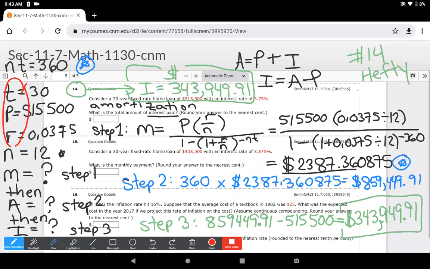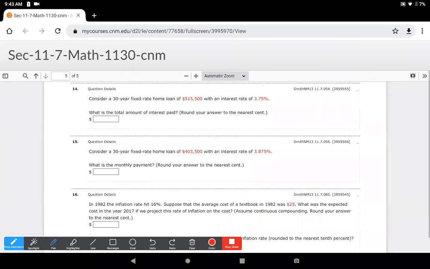But if you don't leave all the digits in your calculator, you're going to mess this step up anyway. And then step 3 was finally to subtract the two and look at just the interest. So technically we looked at A equals P plus I, using a home loan version of the amount. Okay, so let's clear that out. We've got 15 sitting here.